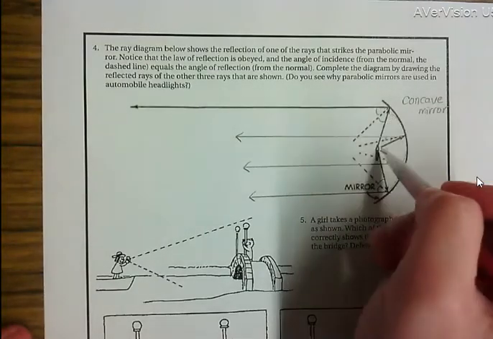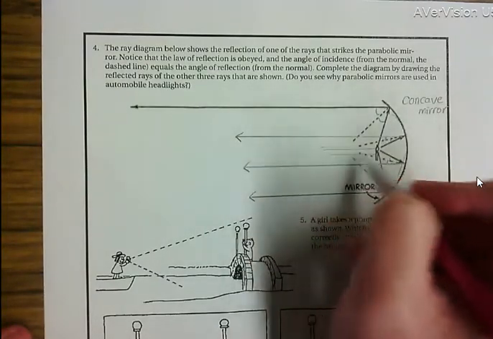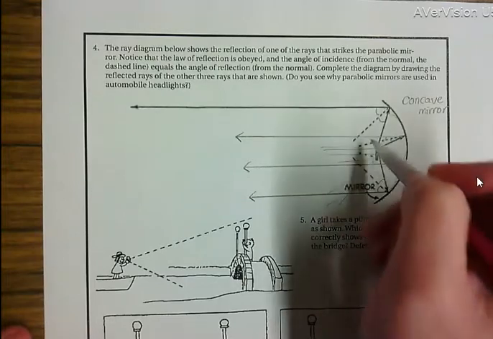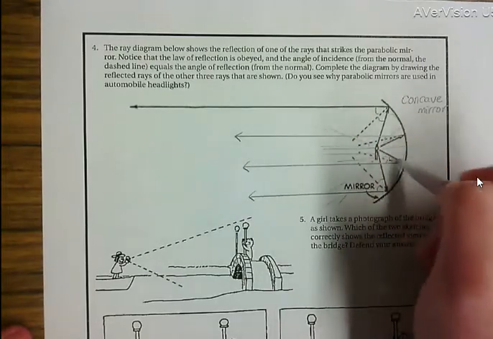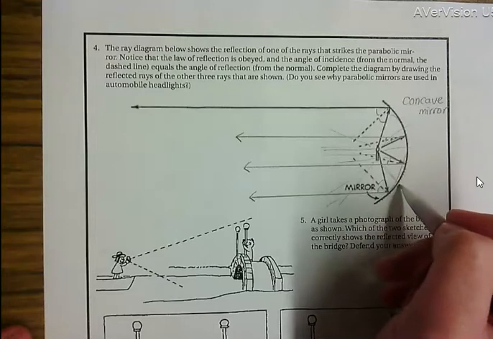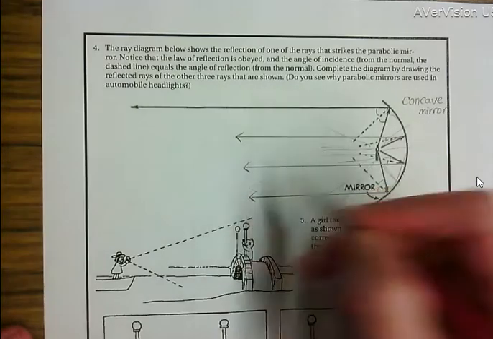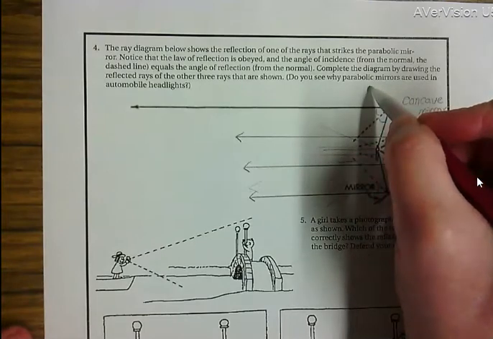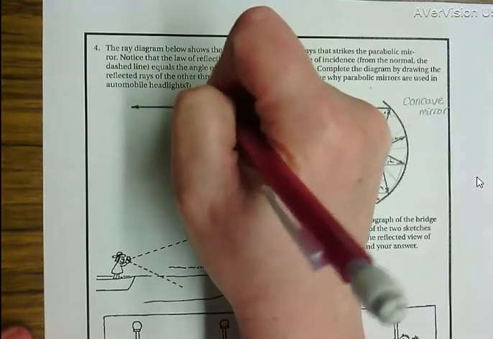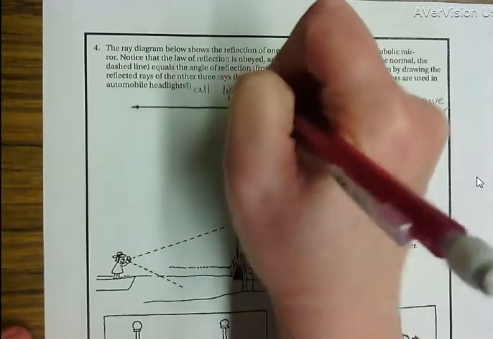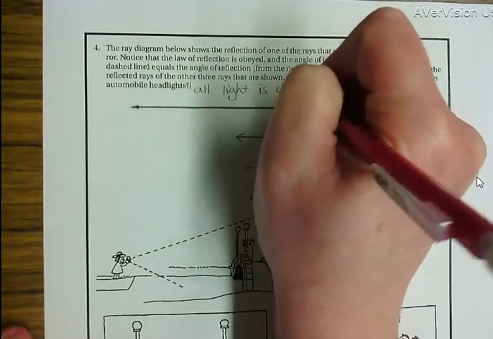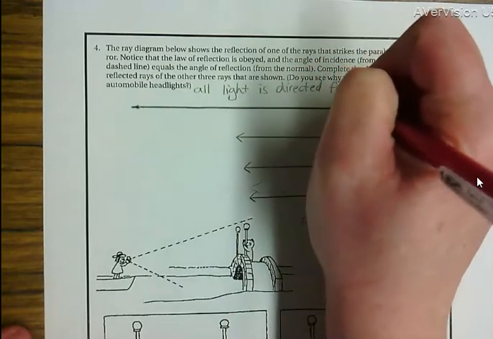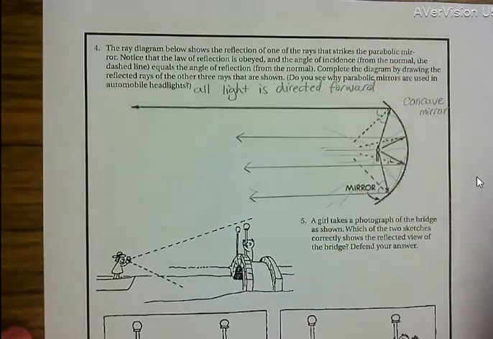Naturally, this light is giving off light in this direction and in this direction, but it's also giving off light in the backwards direction. Where is all that light being directed? Forward. So by these mirrors being used this way, all of the light is directed forward in the direction the car is moving, which is what we want. If it wasn't that way, our automobile headlights wouldn't be nearly as bright as what they are.